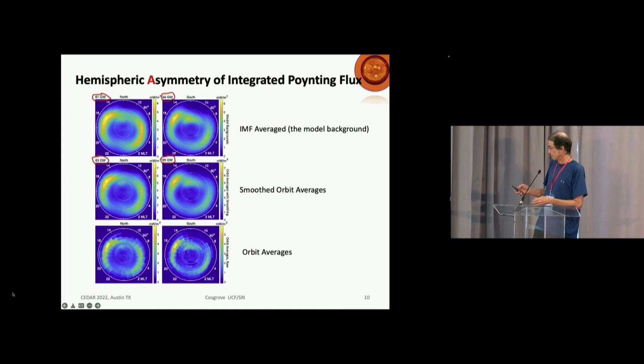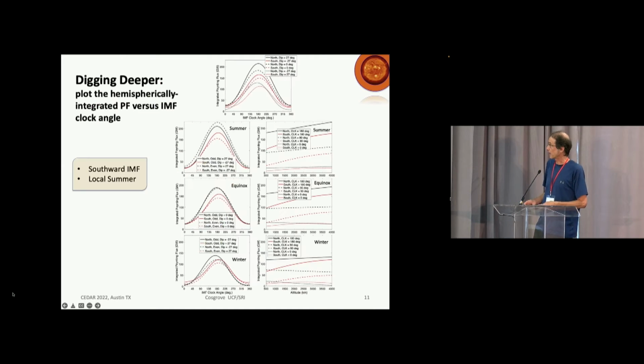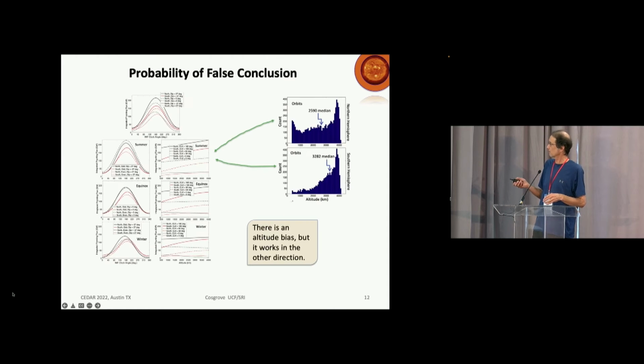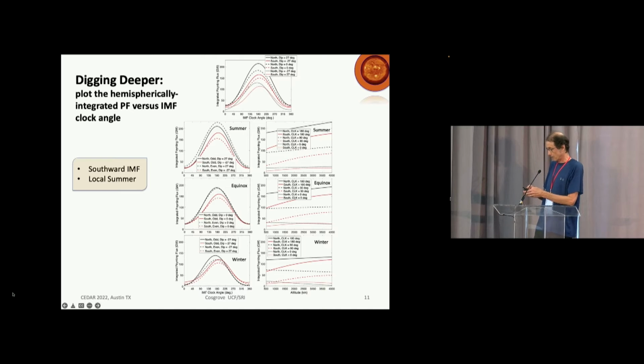Looking deeper at that, I'm making the plots here of hemispherically integrated Poynting Flux versus IMF clock angle. Please just look at the top one. I probably shouldn't have put all these down there; I'm going to talk about them in the next couple of slides. The one on the top is the whole model output, and the black is the northern hemisphere, and the red is the southern hemisphere.